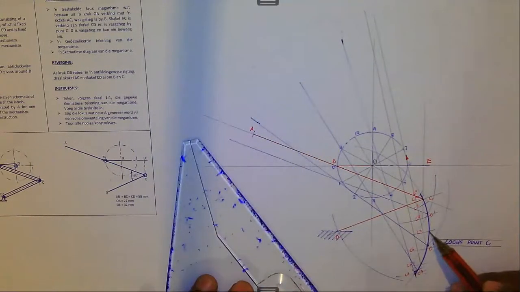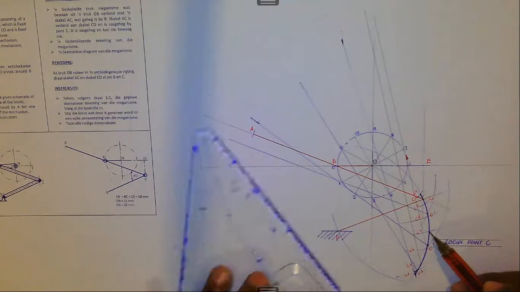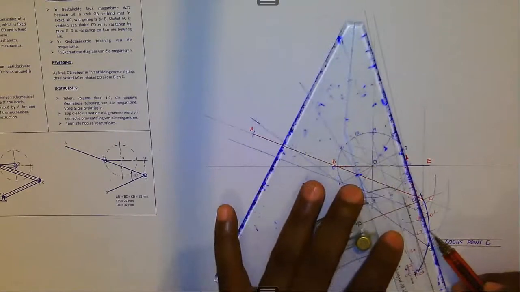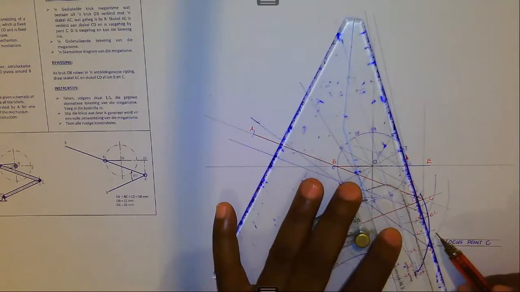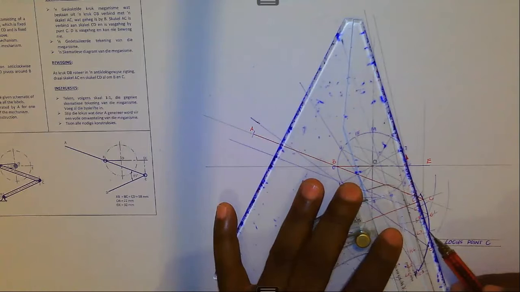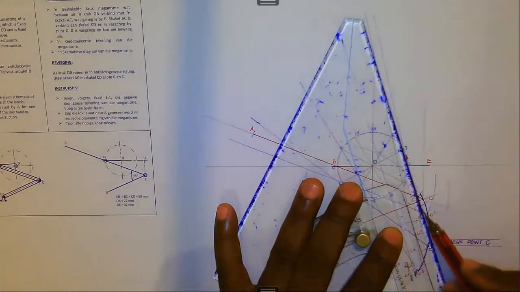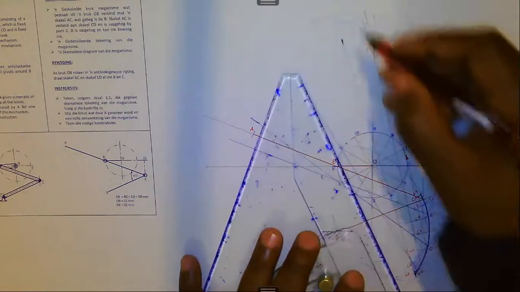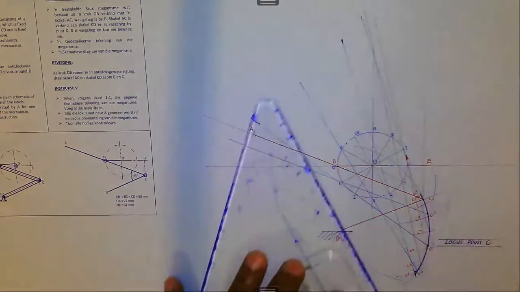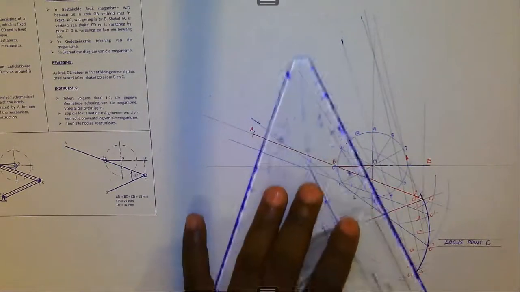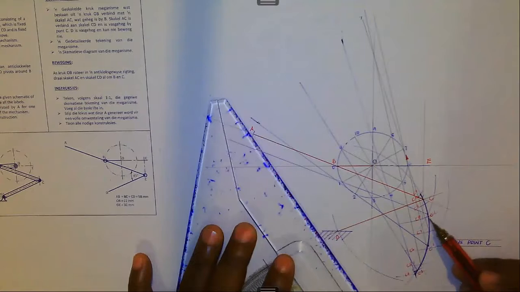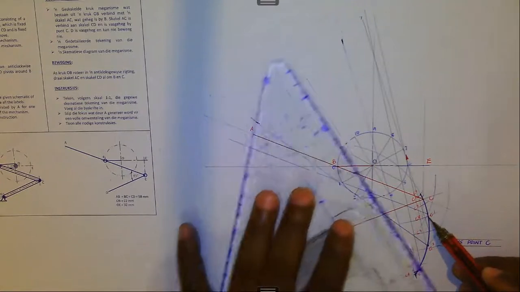Then 7. Let me just indicate there. That's our 7. 8.